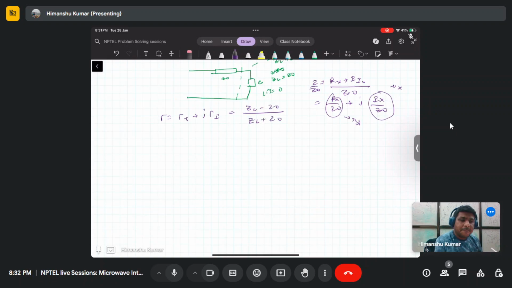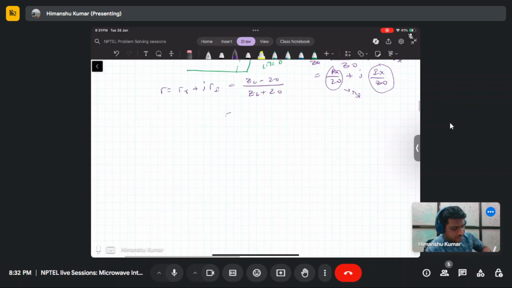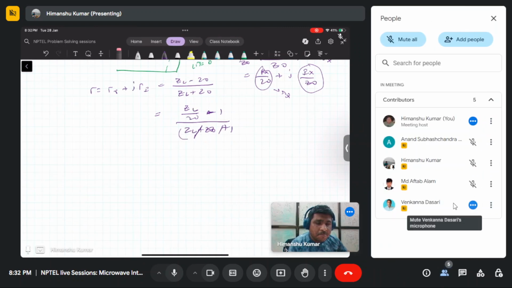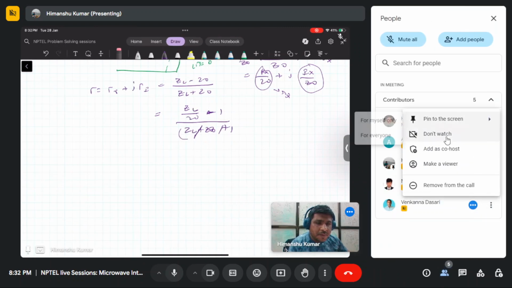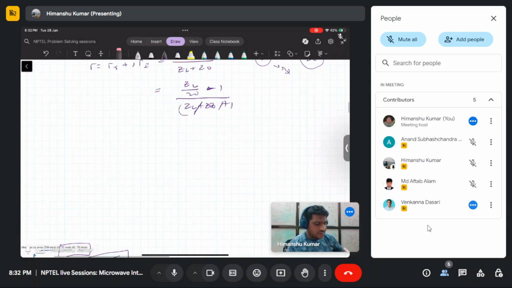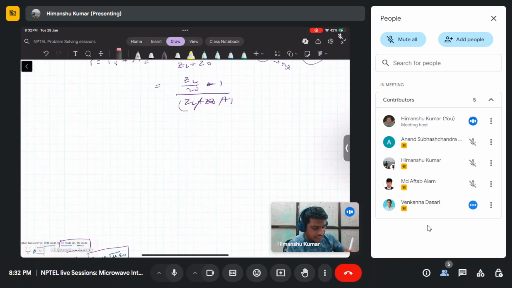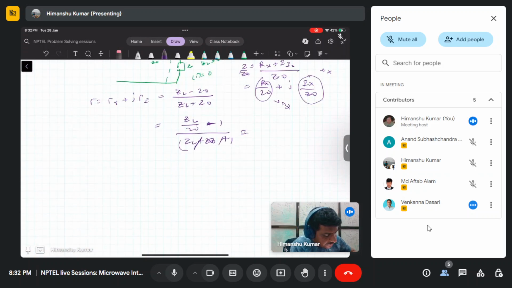Taking Z naught as common, it will become ZL by Z naught minus 1 divided by ZL by Z naught plus 1. Now ZL plus Z naught I can write as small rx plus j.